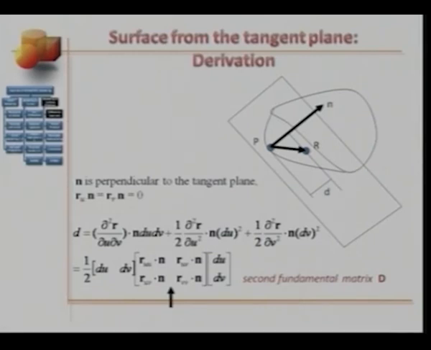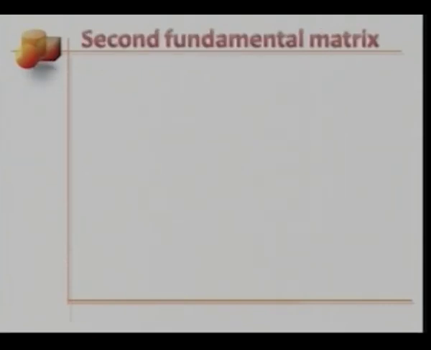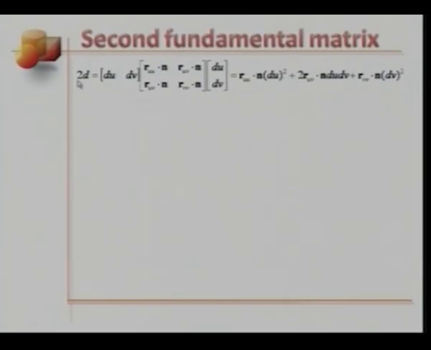Let's work towards that. So we have 2d equals the row matrix du dv times this 2 by 2 matrix, the second fundamental matrix, D, times the column vector du dv.